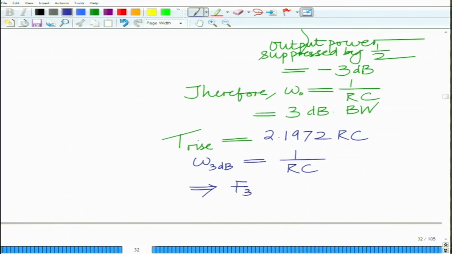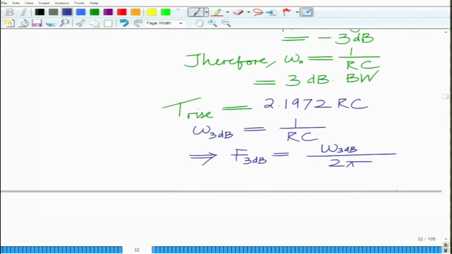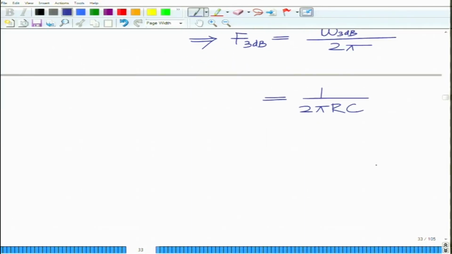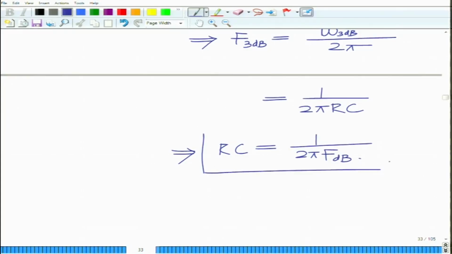This implies the 3 dB frequency equals omega 3 dB by 2 pi, which is equal to 1 over 2 pi RC, which implies RC equals 1 over 2 pi times the 3 dB frequency.